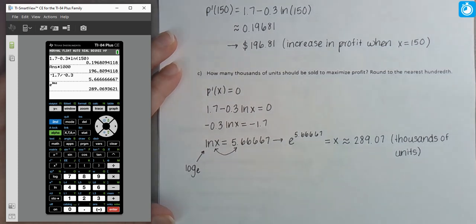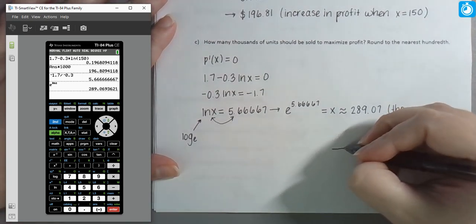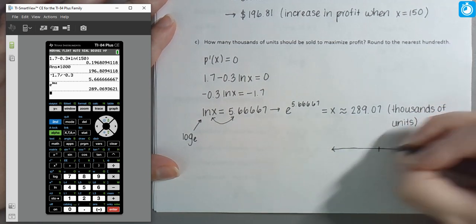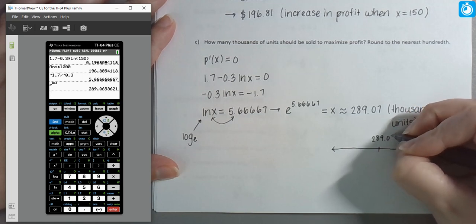So the only thing left to verify is that this does in fact represent the location of a maximum. This does in fact represent a maximum value for profit and not just a random value or somehow a minimum value. So this is where we check our derivative's sign on either side of this particular critical value. This is the one critical value for this function.